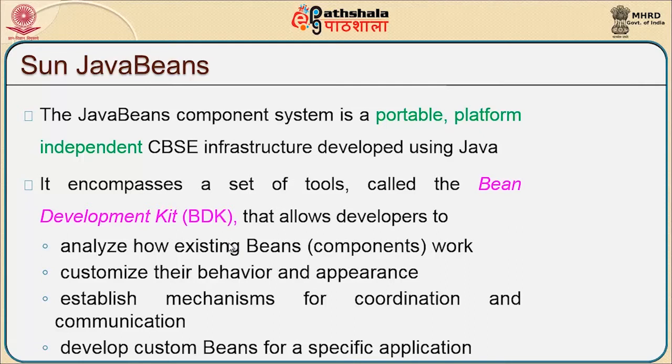It encompasses a set of tools called the Bean Development Kit, BDK, that allows developers to analyze how existing beans work, customize their behavior and appearance, establish mechanisms for coordination and communication, and develop custom beans for specific applications. So we can create our own bean for specific applications, and we can coordinate and collaborate with other applications via this BDK.